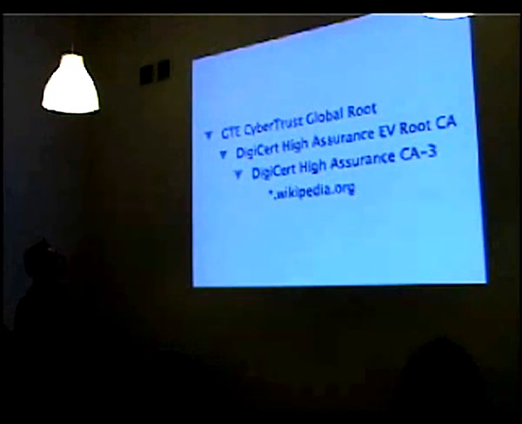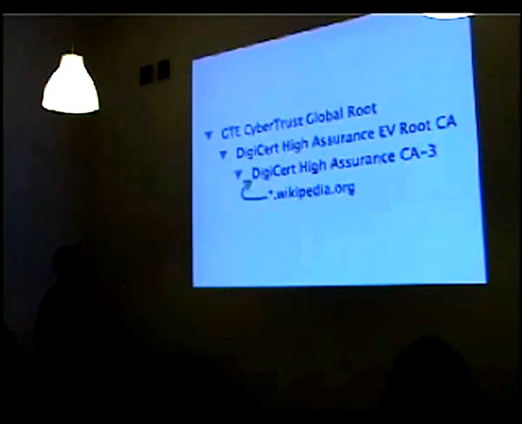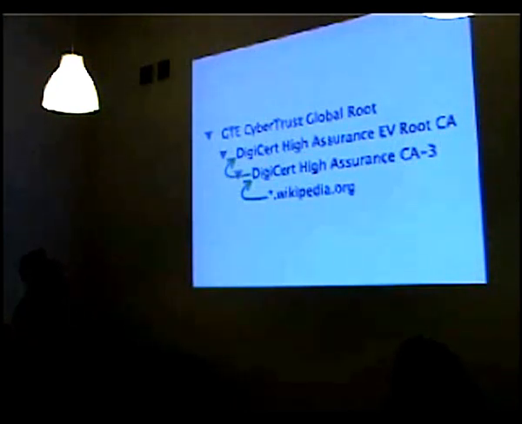And here's an example of this chain of trust. What happens when I point my Firefox browser at Wikipedia, and you see these. So at the bottom, you have start.wikipedia.org, which is signed by DigiCert High Assurance CA3. Now, my computer doesn't trust DigiCert High Assurance CA3, but it's okay because that one is signed by a different certificate by DigiCert High Assurance EV Root CA.